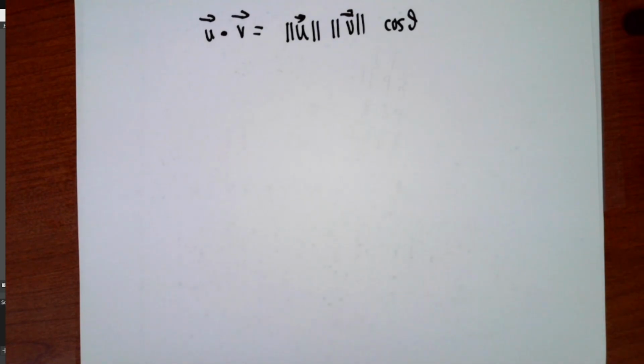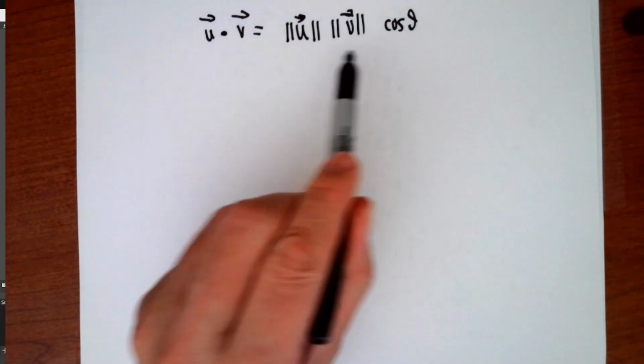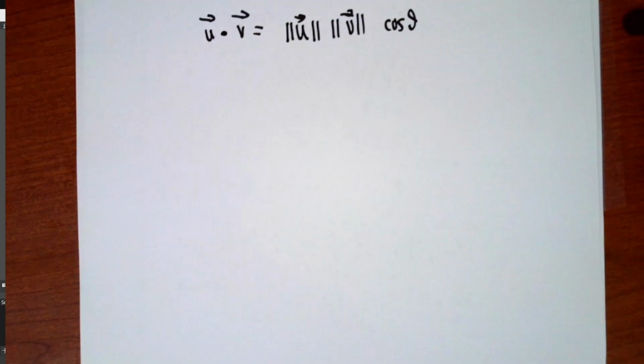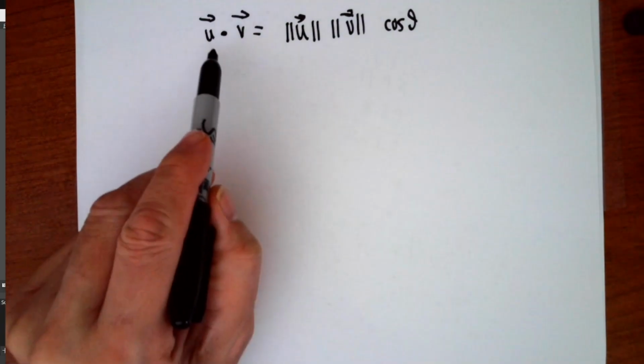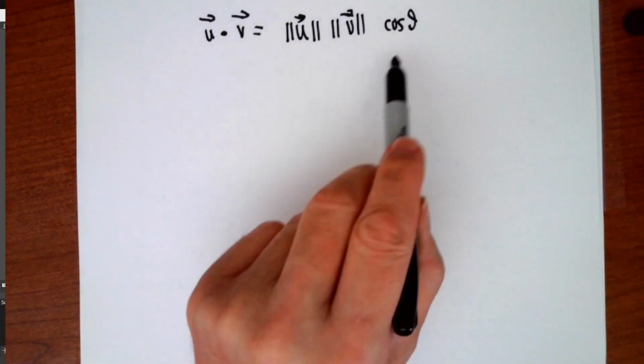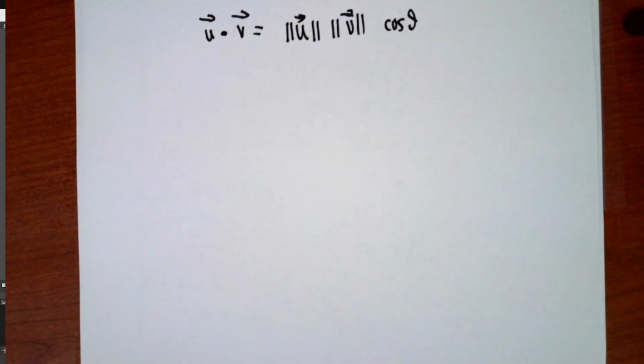Assuming that neither u nor v are the zero vector, u dot v equals length of u, length of v, cosine theta tells me something else too. Lengths are not negative. Lengths of non-zero vectors are positive. So this says that u dot v is a positive number times cosine theta.